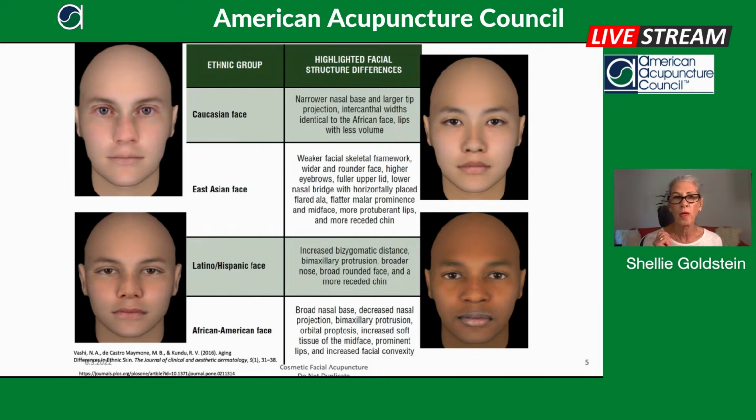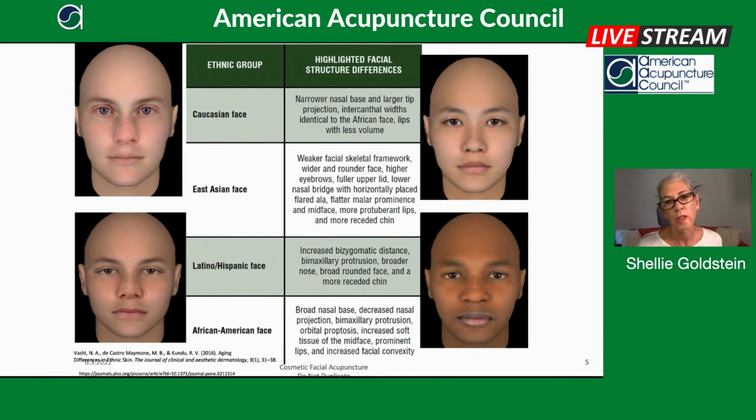The lips are a little fuller. The nasal bridge is a little bit lower. And then the flaring of the nasal alae exists more with an East Asian face. And then the malar prominence in the mid-face, this malar area right along here, is more prominent. Lips are more protuberant. And then the chin is a little more pushed back or receded.